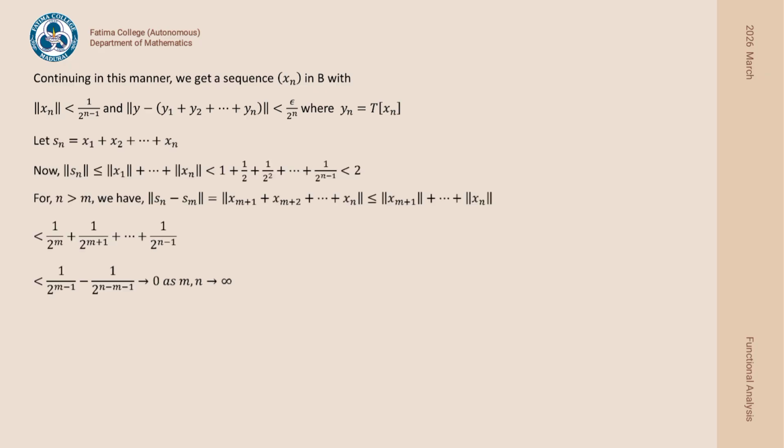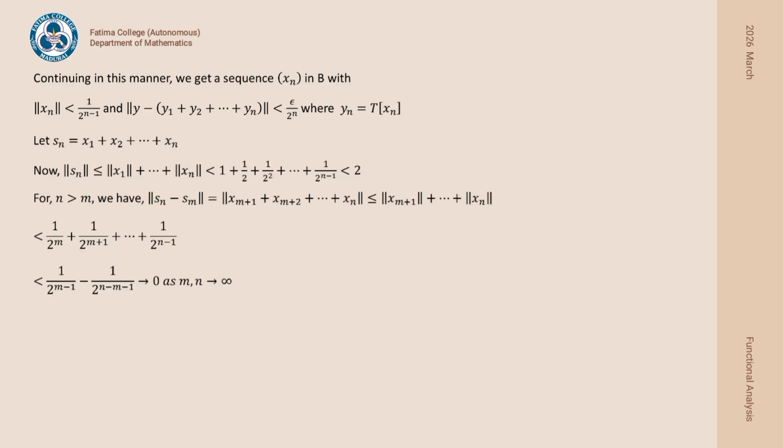Therefore, there exists a vector y2 in T of S1 by 2 such that norm y minus y1 minus y2 is less than epsilon by 4 and y2 is equal to T of x2 and norm x2 less than 1 by 2. Continuing in this manner, we get a sequence xn in B with norm xn less than 1 by 2 power n minus 1 and norm y minus y1 plus y2 plus and so on yn less than epsilon by 2 power n, where yn is equal to T of xn.